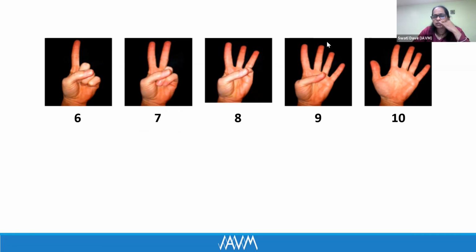Let me stop sharing for 1 minute and show how we do it, and then I'll come back to what we're talking about. If you're doing 8 times 7, we have a base of 5. So my 8 is 6, 7, and 8 on one hand, and my 7 is 6 and 7 on the other.